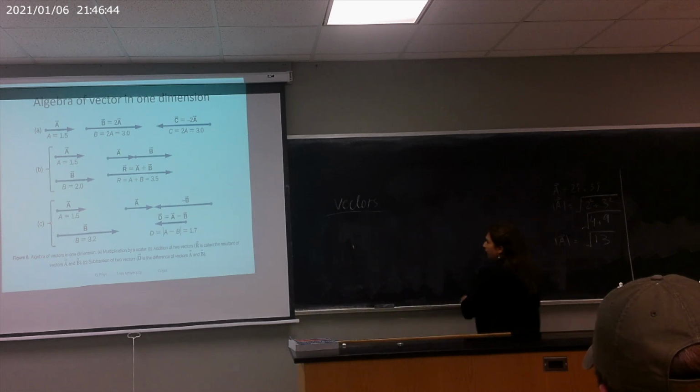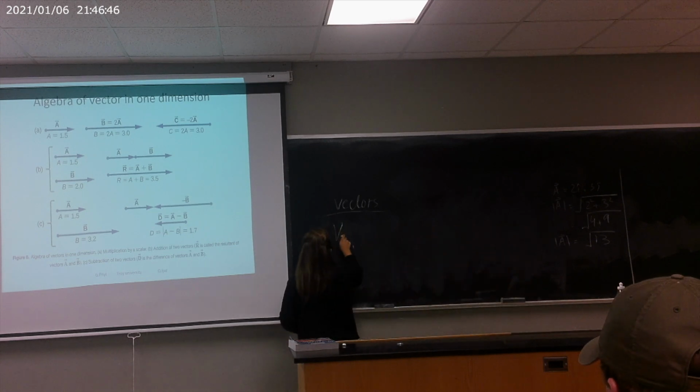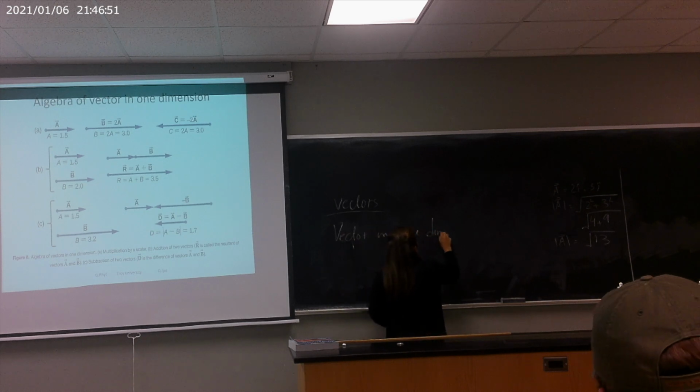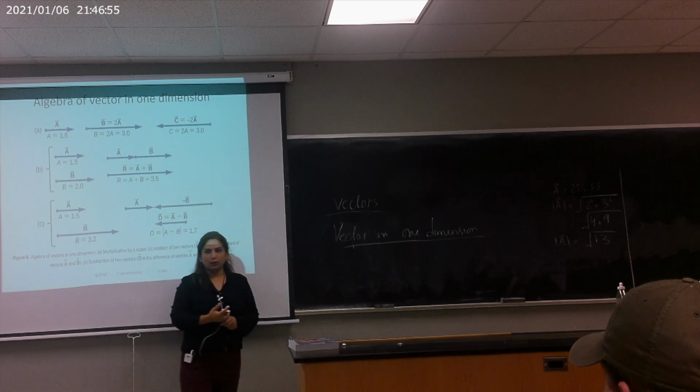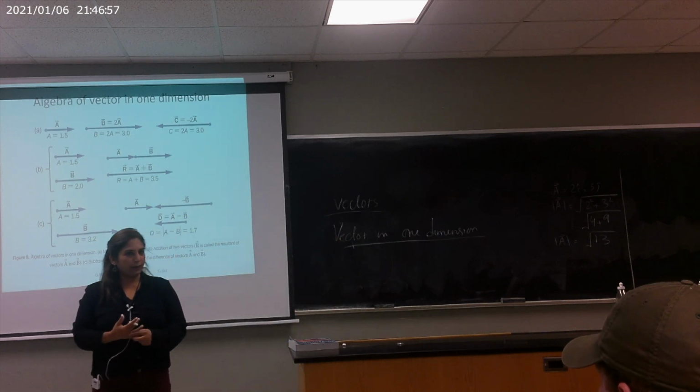So when we say the vector in one dimension, what do we really mean by that? What do I mean by that? Am I only talking about the vector along x-axis?